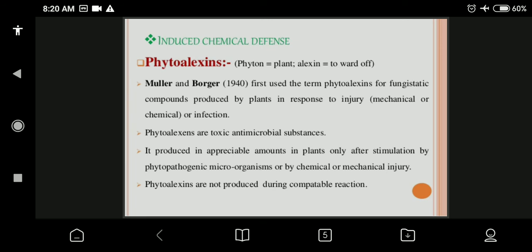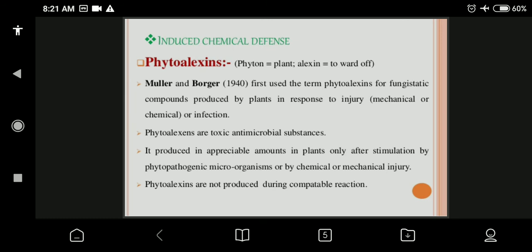Phytoalexins are the substances for which Muller and Borger in 1940 first used the term, for the fungistatic compounds produced by plants in response to injury, mechanical or chemical, or infection. Phytoalexins are toxic antimicrobial substances.